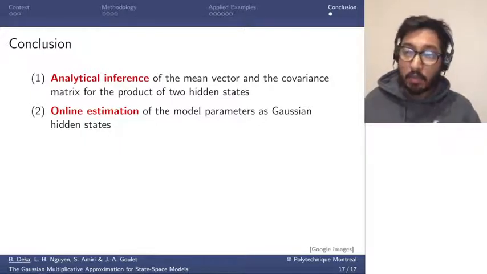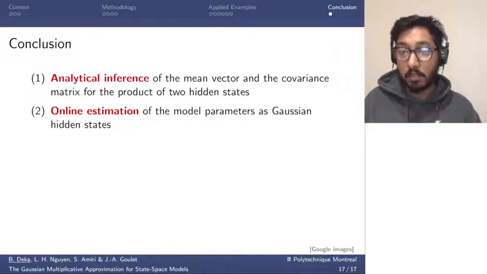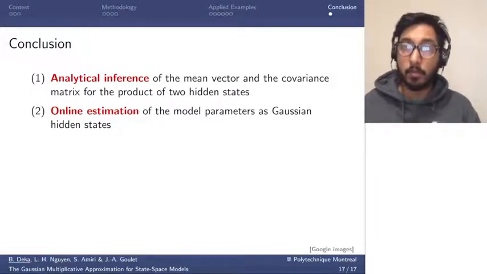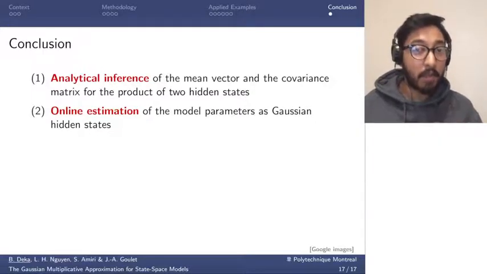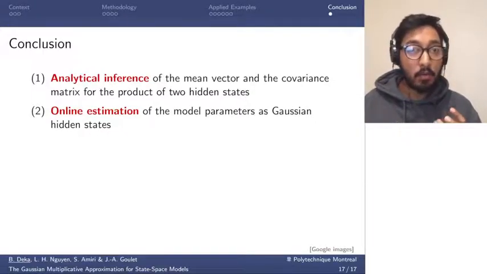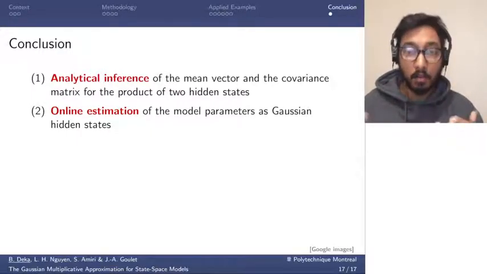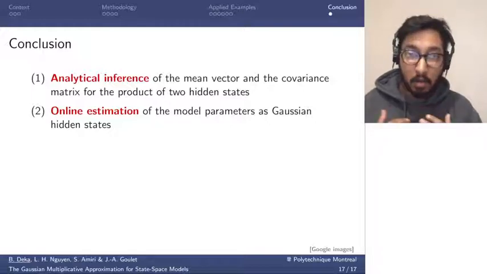Similarly, we can do it for other parameters that appear in our transition or observation matrix or observation model, where we see there is a multiplication of a parameter and a hidden state. We can now transform that parameter into a hidden state and learn all the states together online.